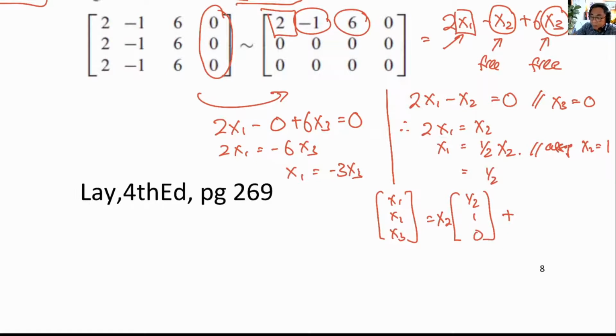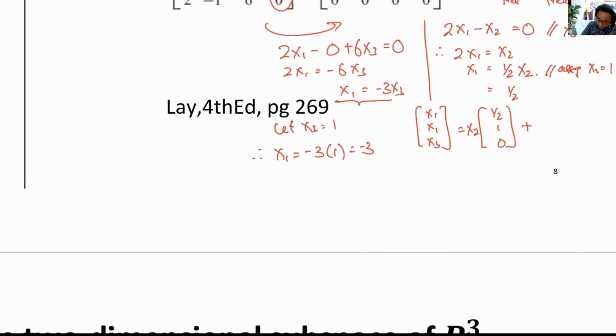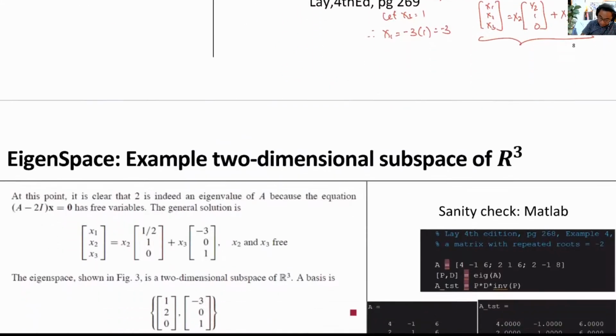So again, typically we let x3 equal 1, so therefore x1 equals minus 3 times 1, which is minus 3. And now we can write plus x3 times minus 3, 0, 1, where x2 was set to 0, and x3 was set to 1. So this is the general solution for the eigenvector. So we now can proceed to see this here.